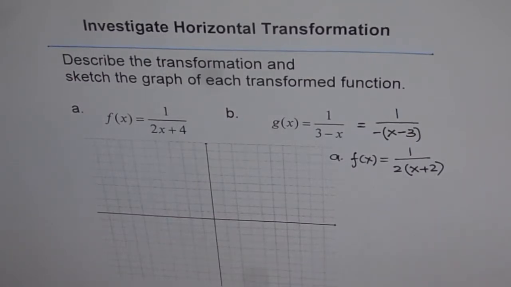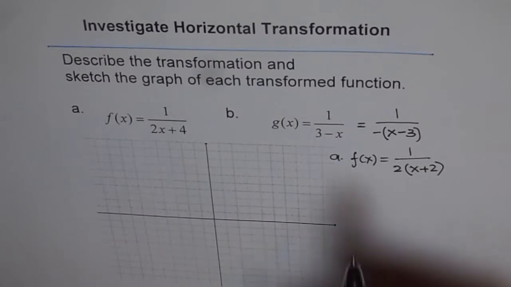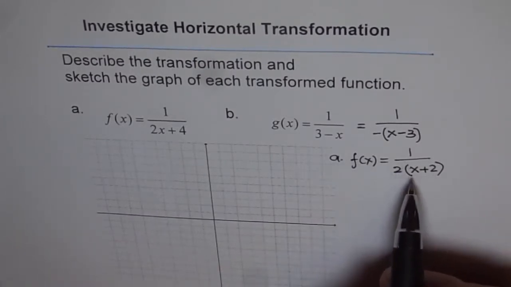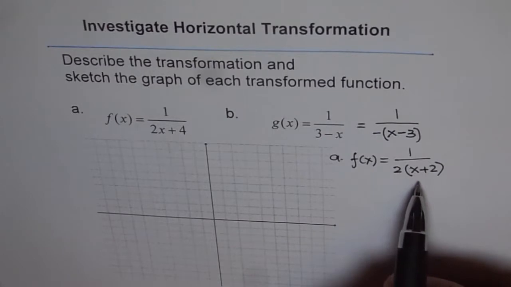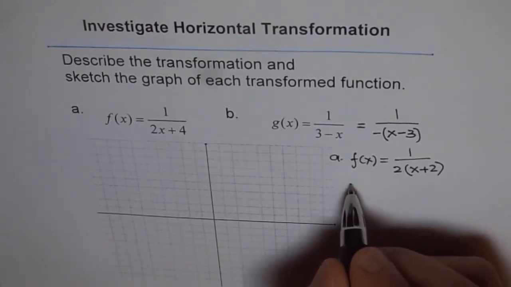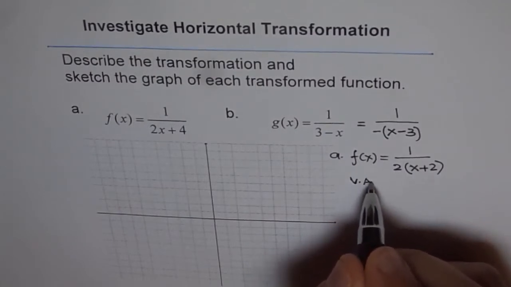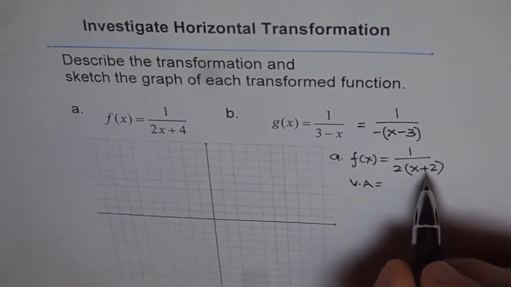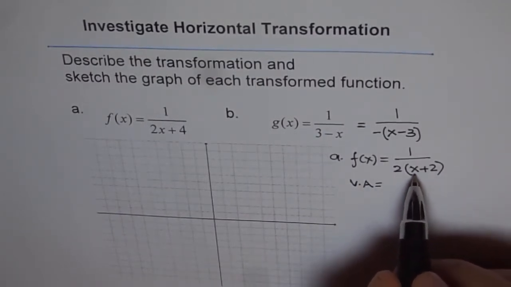Now, especially in case of reciprocal functions, the most important thing is their asymptotes, horizontal and vertical asymptote. Now from this equation, you can get the vertical asymptote by equating denominator to 0. So let's see what is the vertical asymptote. So vertical asymptote is where the denominator is 0.